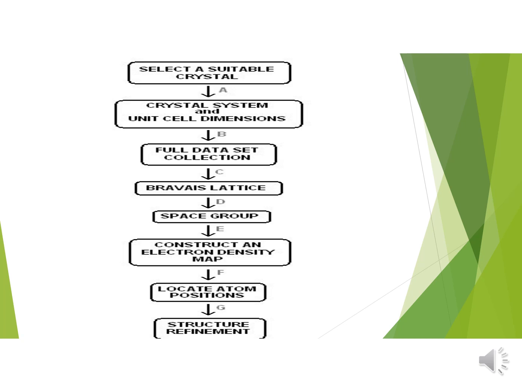First of all, we have to select a suitable crystal, and then we measure the crystal system and unit cell dimensions, and then the full data set collection is measured, and then we observe the Bravais lattice, and then we find out the space group, and then we construct an electron density map which will help us to study the location or position of the atoms, and then we get structure refinement.